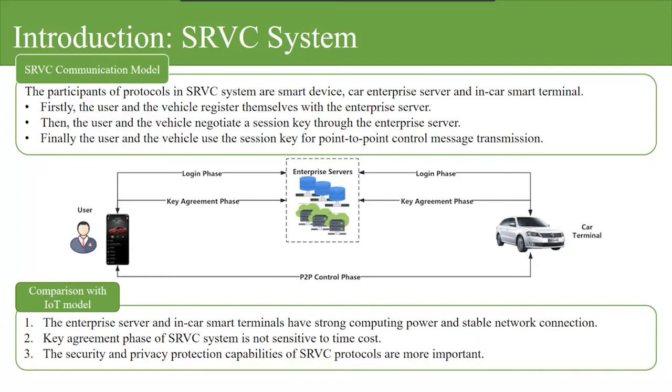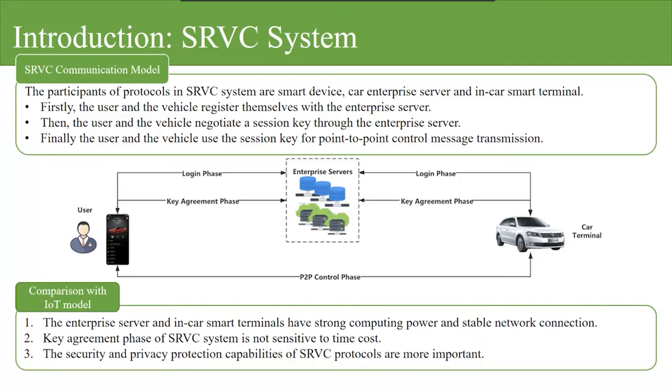This sounds like the traditional IoT communication model. However, there are some differences between the two models. The enterprise server and the in-car smart terminals have strong computing power and stable network connection, so more complex computing tasks are acceptable.